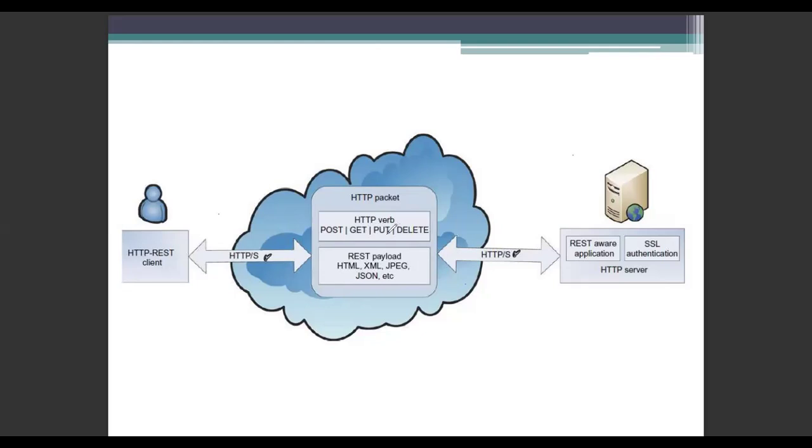Here in this example, we are using PUT, and then we also use the delete option. As I said, we have multiple payloads here. Multiple payloads means you are using a web page or a JPEG or any other kind of information. When the client requests that, it represents what kind of information is being processed.